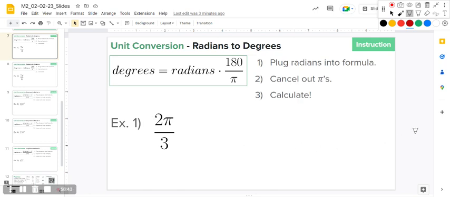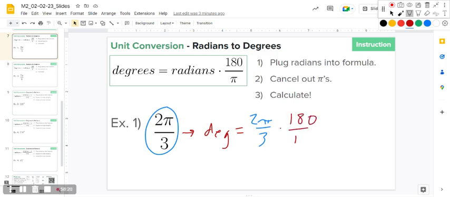So we know what the radians are, so we're going to rewrite our formula here. And I'm going to abbreviate degrees as DEG. So degrees equal whatever our radians are. In this case, our radians are 2 pi over 3 times 180 over pi. So we've plugged radians into our formula.